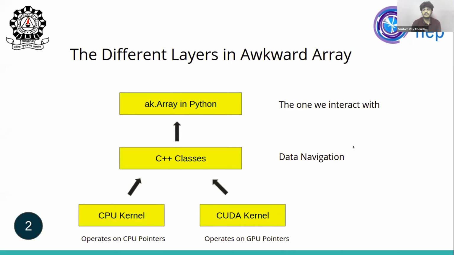First of all, let's have a look at the different layers in Awkward Array. Right at the top, we have the Python bindings of the C++ classes. That's the layer with which we interact. After that, we have the C++ classes used for data navigation. And below that, we have the CPU and the CUDA kernels.